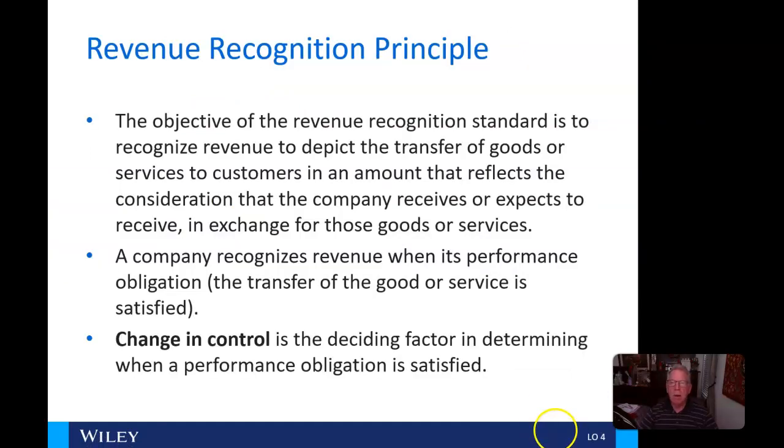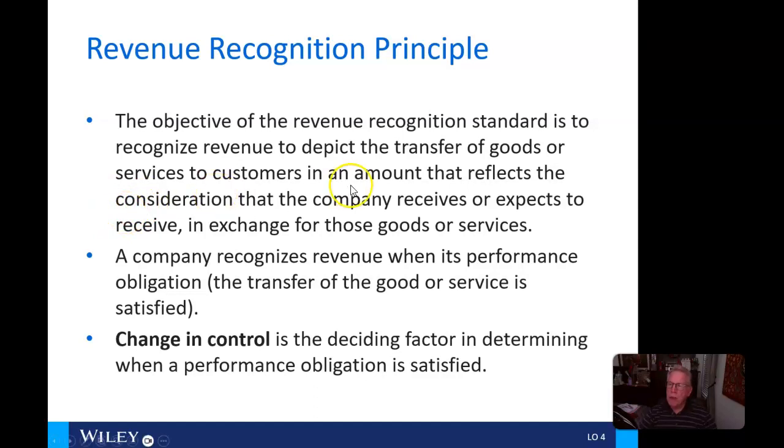Okay, let's take a look at the revenue recognition principle. And here, we're going to recognize revenue when they are generally earned. And to recognize revenue, it depicts the transfer of goods or services to customers in an amount that reflects the amount of money, consideration, that the company receives or expects to receive in exchange for those goods and services.